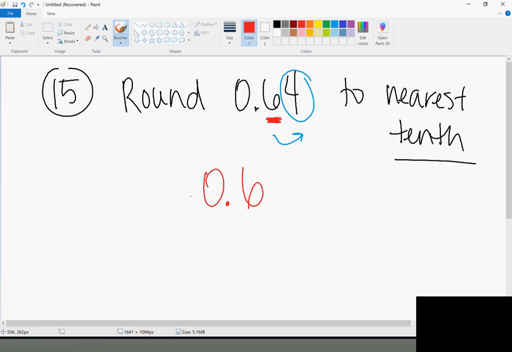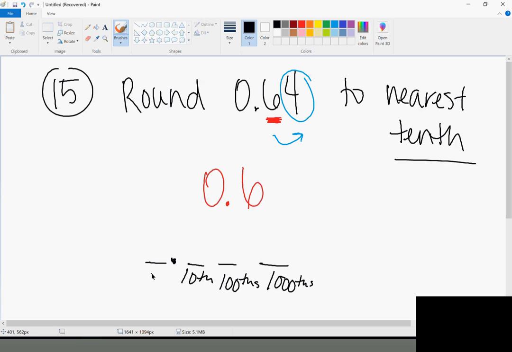Okay? So remember your place values. So we've got tenth, hundredth, thousandth, and so forth.